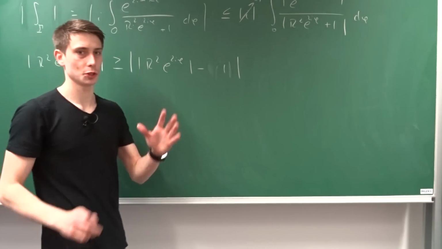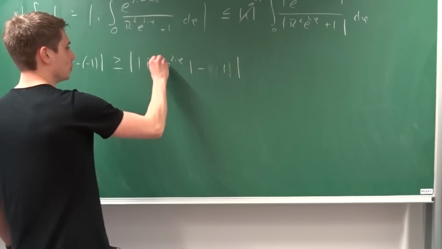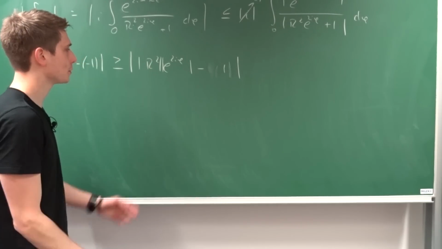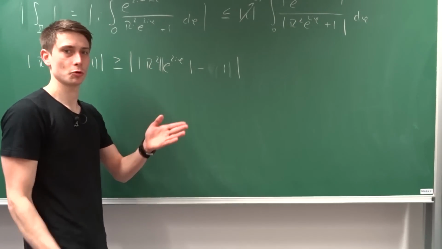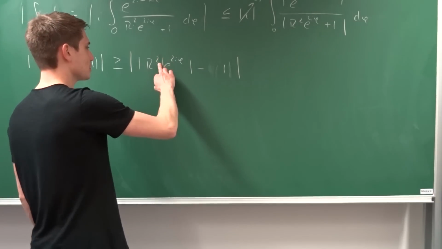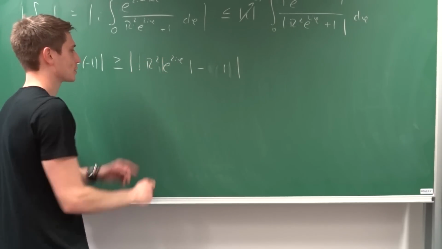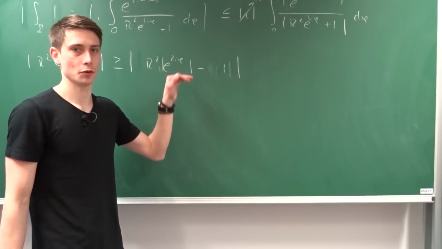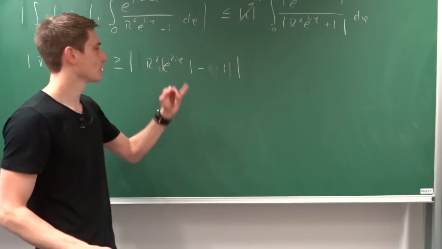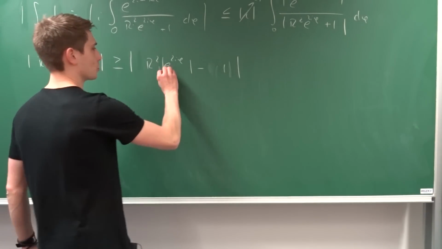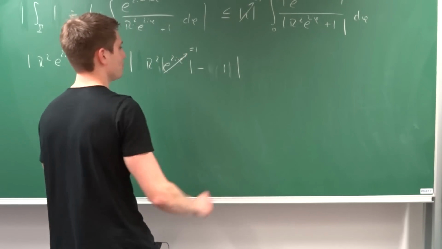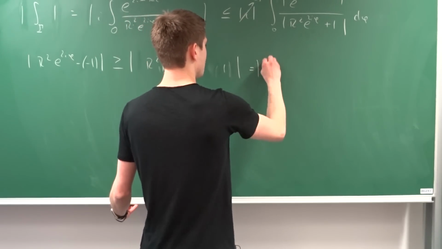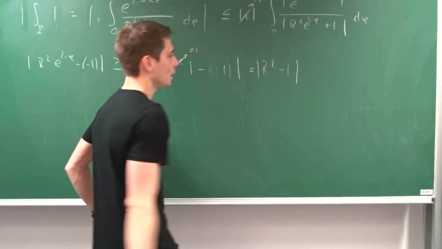And also we can use the multiplicativity of the absolute value and turn this into two absolute values. r squared is going to be a positive value, so that's also nice. So we are getting rid of this absolute value here, and also, well, the absolute value of e to the i something when the something is real is just going to be 1. So that means we have the absolute value of r squared minus 1.